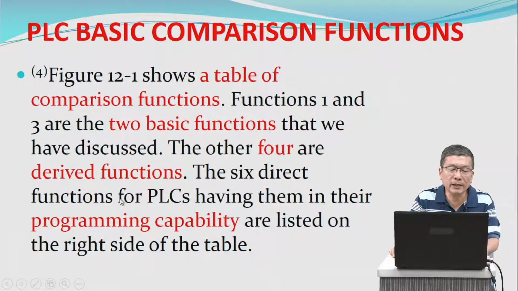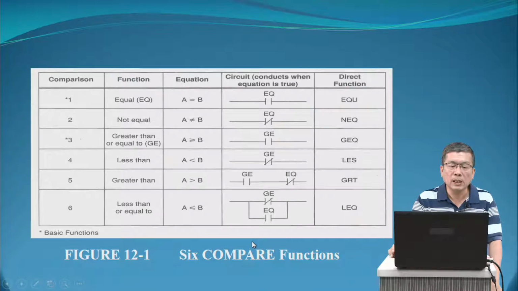The 6 direct functions for PLC having them in their programming capability are listed on the right side of the table. This shows the 6 compare functions. Number 1 and number 3 are basic functions. 2, 4, 5, 6 are derived functions.